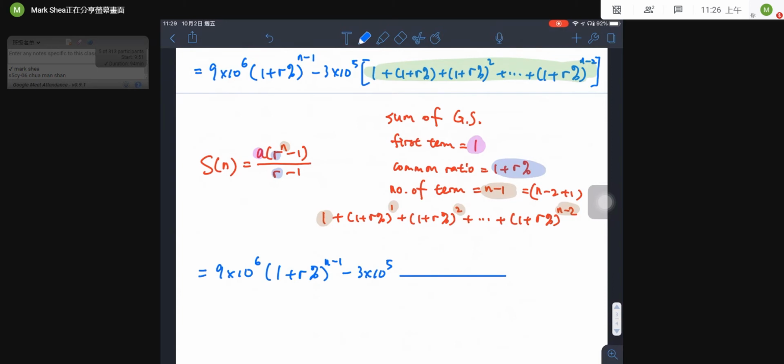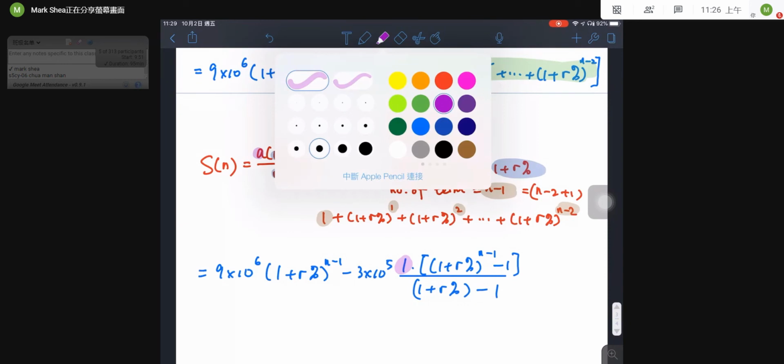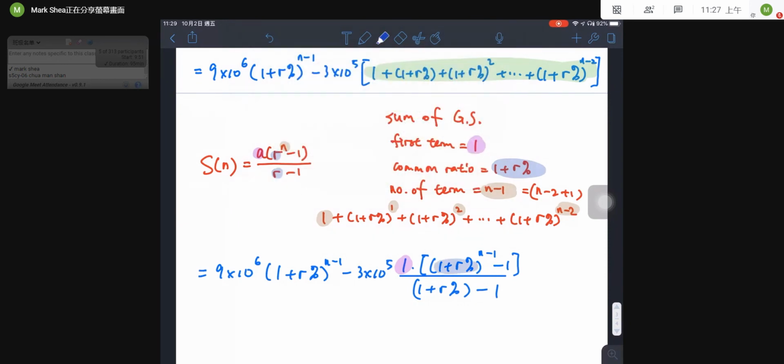After we apply the sum of GS, then we can have this. Here, a is 1, and the common ratio is 1 plus r percent. And lastly, the number of terms should be n minus 1.